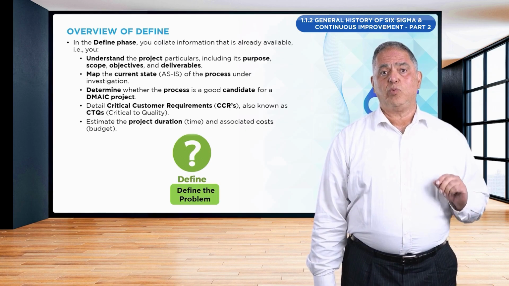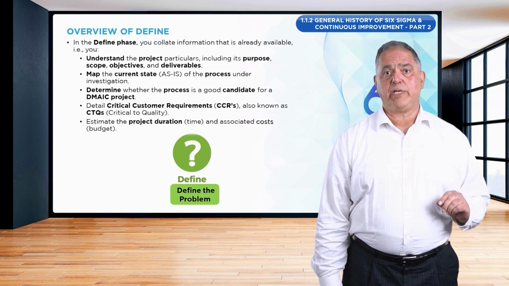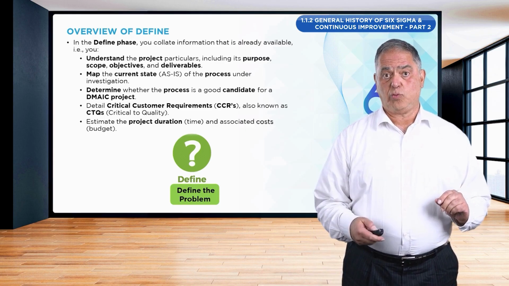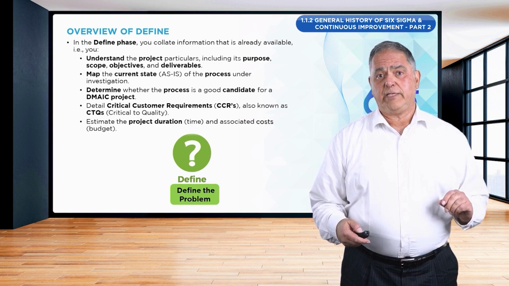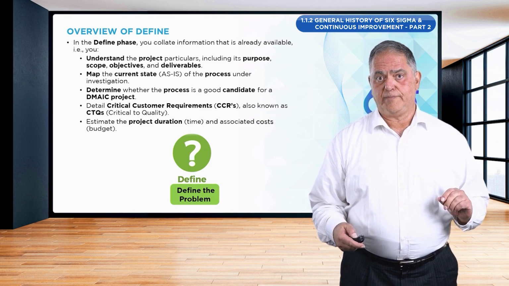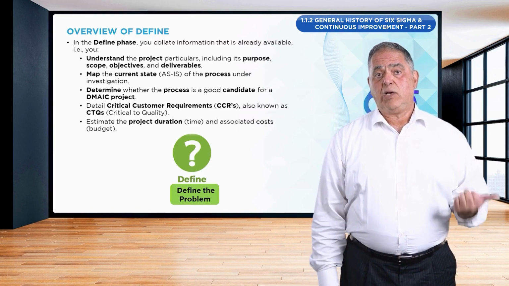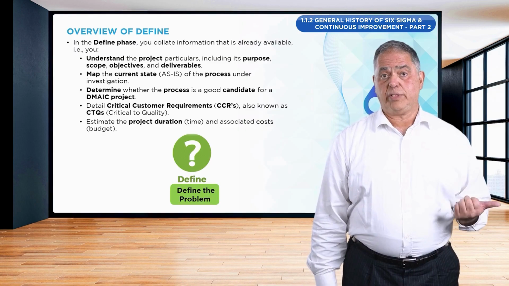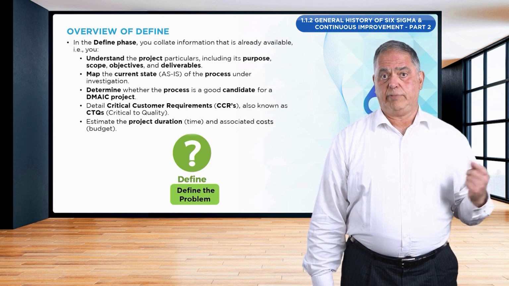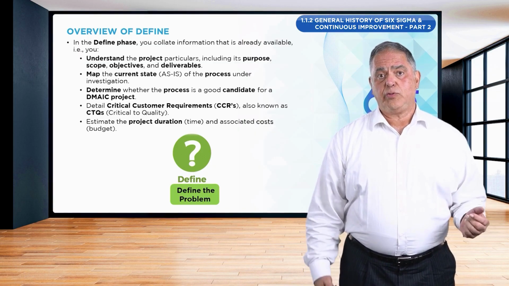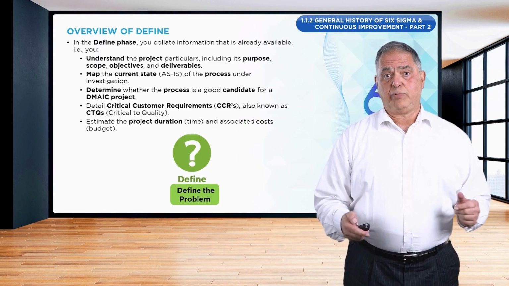We have to determine what are the critical customer requirements, and these are also known as CTQs, critical to quality requirements, and these are associated with the process outputs. We have to estimate how long the project is going to take in order to complete between start and finish, and also we have to estimate what are the associated costs in order to complete the project successfully.